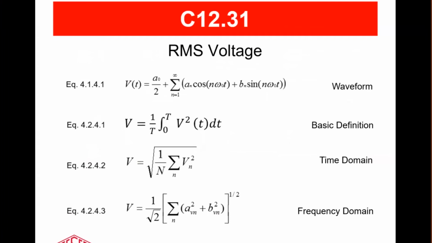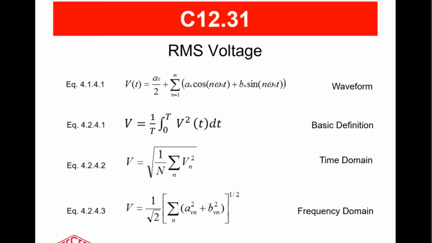So, in there is a definition of RMS voltage. First, there's a definition of a waveform, an arbitrary waveform, defined in terms of Fourier coefficients. So any repetitive waveform can be modeled in terms of its Fourier coefficients.